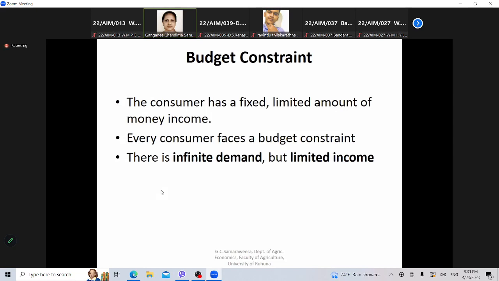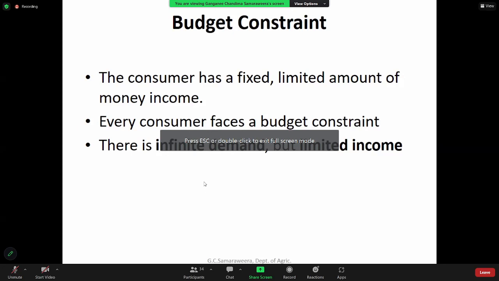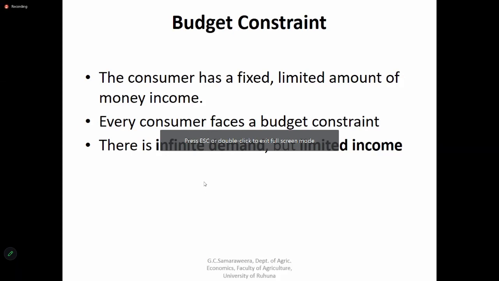Let's say you are given 50,000 rupees or 20,000 rupees or 10,000 rupees per month to spend by your parents. Then you have to use this in a rational way. Otherwise, within a day, you can spend all this money. Let's say you are getting 20,000 per month from your parents. Then you can spend 20,000 within an hour, if you are not rational.